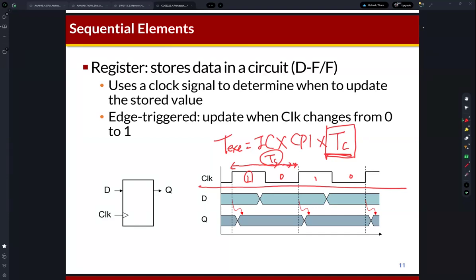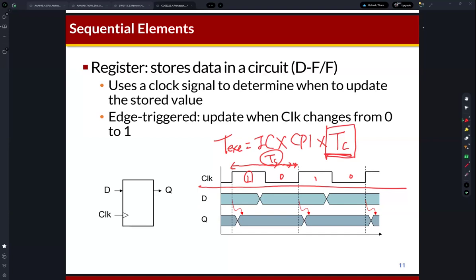I mentioned that we just assume a processor can execute an instruction per clock, which means that a processor can execute an instruction within a single clock period. It's just a very simplified assumption. It's not always true, right? But this is just a very simplified assumption.